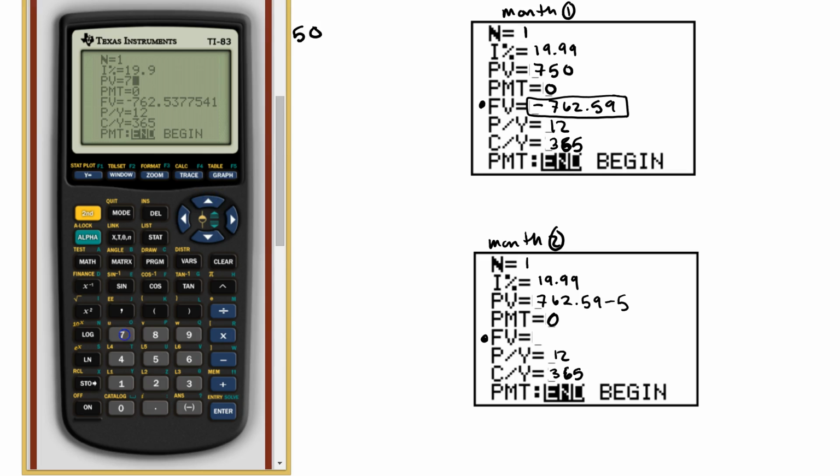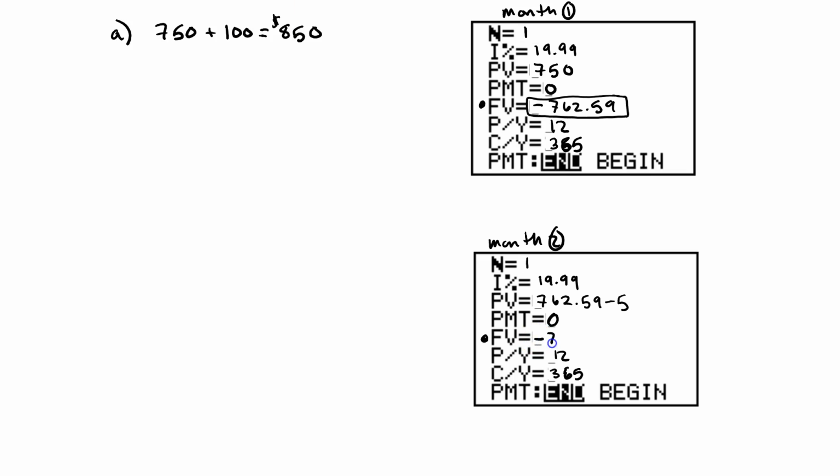So this is going to be 762.59 minus $5. So that's $757.59. So then when we figure out what the future value is, it ends up that he will have to pay back $770.31. So it's very clear, right?